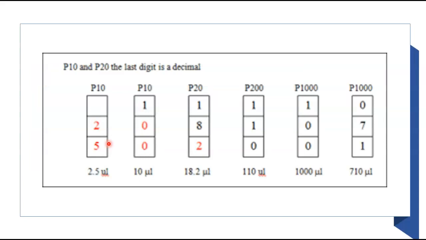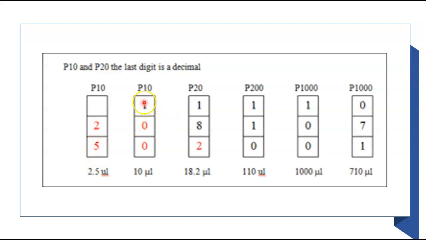You need to understand how to set the volume on the micropipettes. With P10 and P20, they're kind of similar. You have 3 digits over here. There is a decimal right here. So this is 2.5.